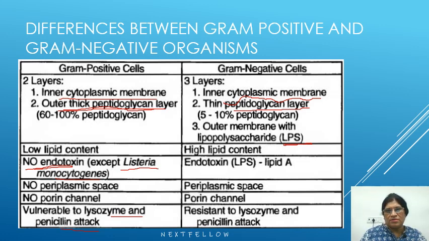Gram-negative bacteria have a high lipid content. This LPS is actually endotoxin and has lipid A. They have periplasmic space, they have pore channels, and they are resistant to lysozyme and penicillin attacks.